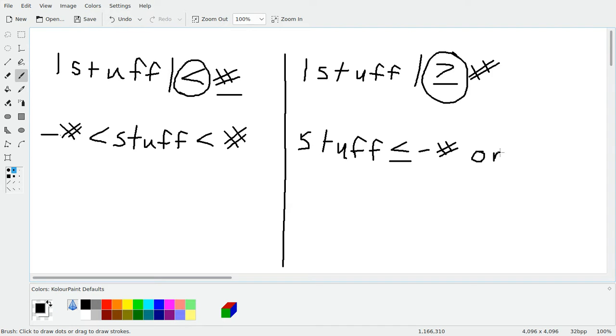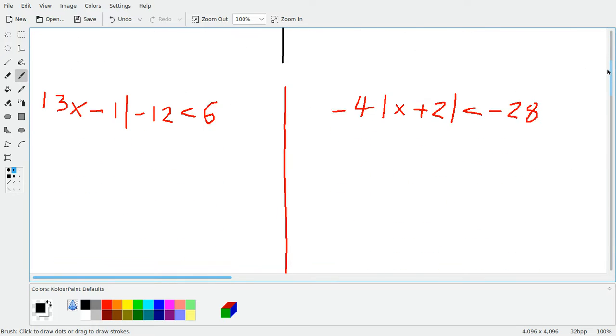Write the word "or", and your second inequality is the stuff that was inside the absolute value, keep the symbol the same, and keep this number positive. So let's do a couple examples, probably one of each type.